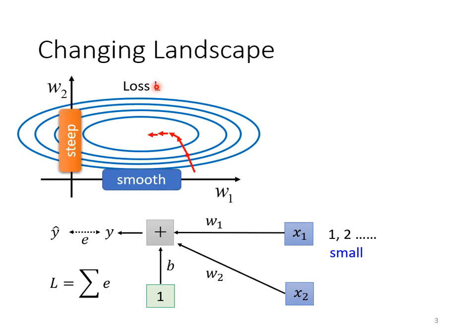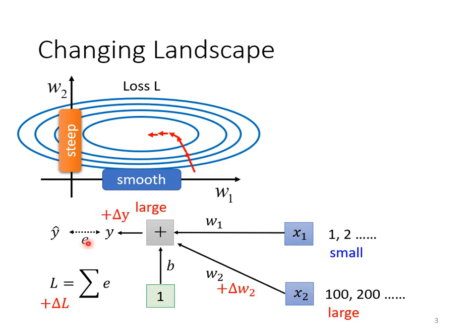On the other hand, if the values of x2 in the input data are all relatively large, then small variations of W2 may still have a large influence on Y, because the variation of W2 will be multiplied by x2, which has a large value.